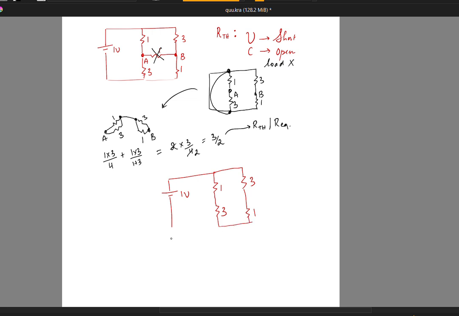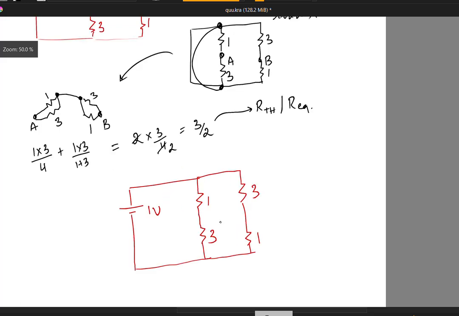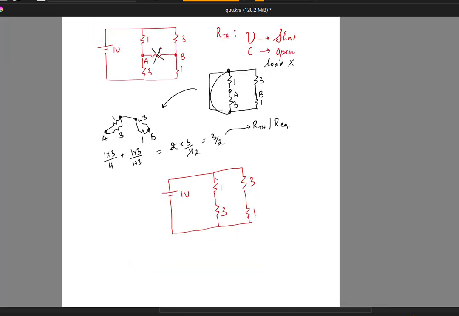So you essentially have this circuit over here, and what we are concerned with is obviously the current which is passing through the circuit.